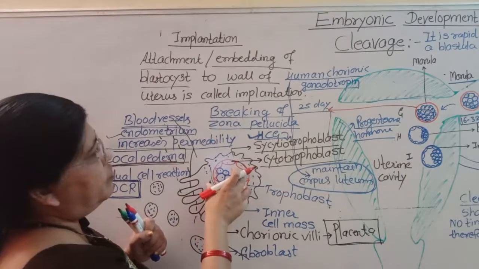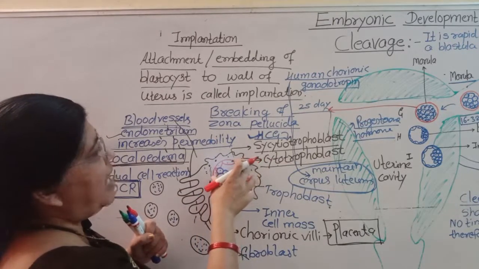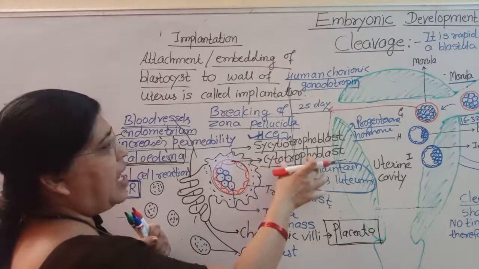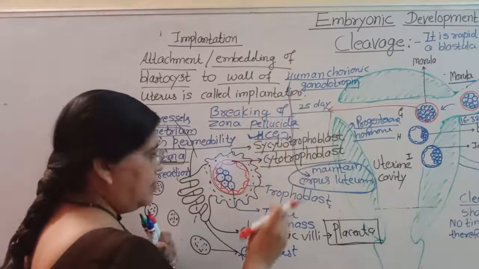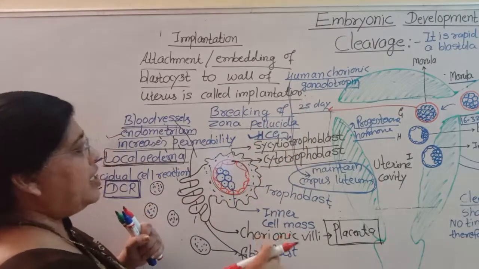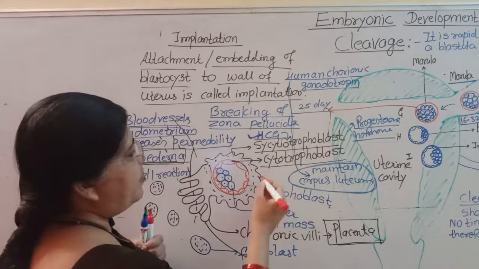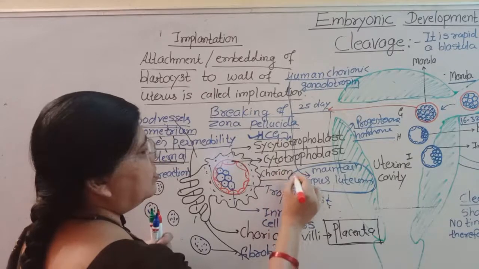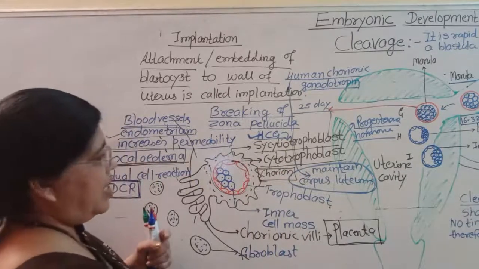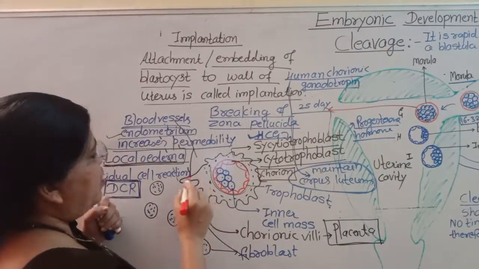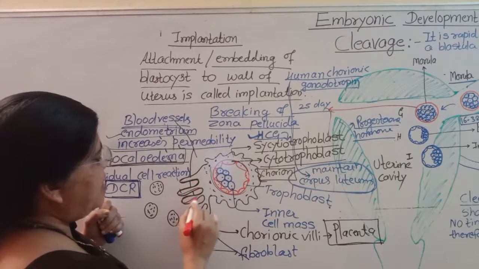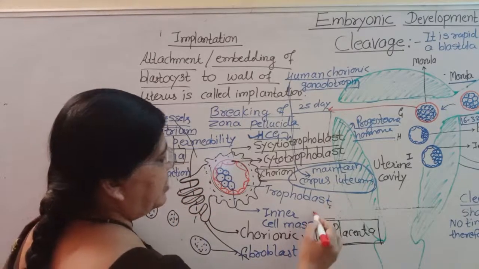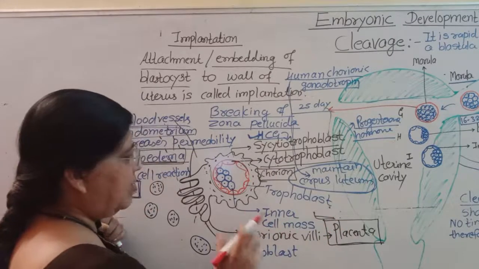So syncytiotrophoblast produces HCG, and cytotrophoblast plays an important role in the formation of extra embryonic membrane, that is chorion. And this chorionic villi later form placental part of fetus or fetal placental part.